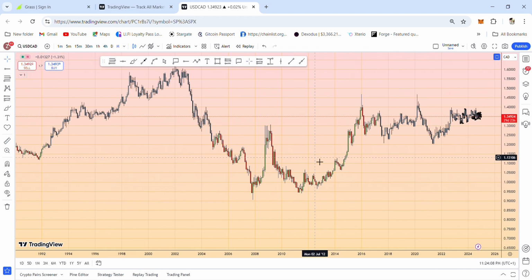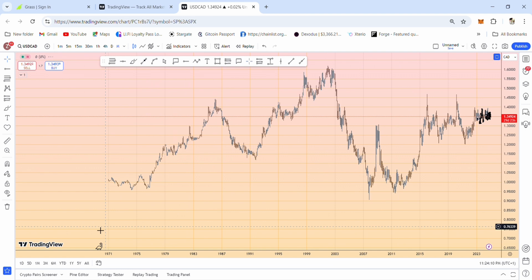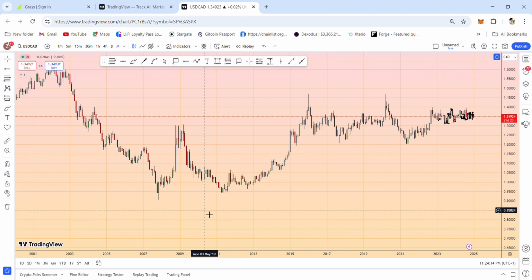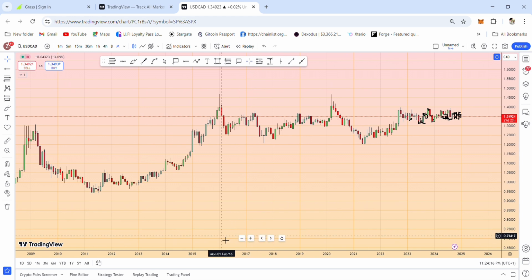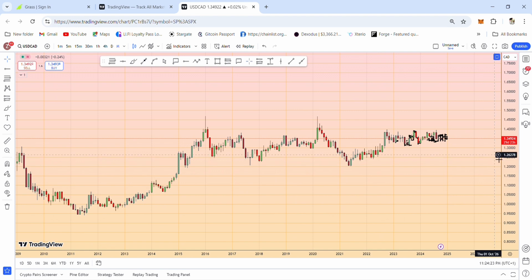As you can see, we have data going back to 1971, because each candle here is one month. Candlesticks can be categorized into bullish and bearish candlesticks, and they can be classified in pairs, in two, or they can be three.